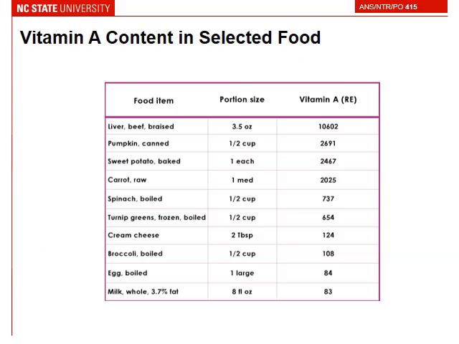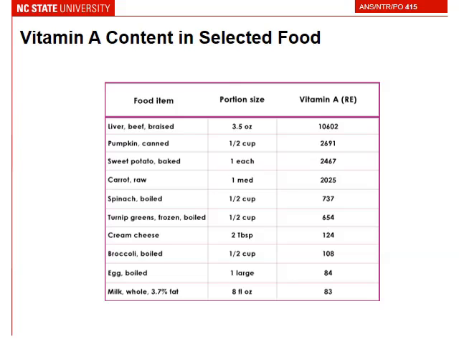So what are some of the foods that are going to have a lot of vitamin A? Here you can see our beef liver has the highest amount of vitamin A, 10,000 retinoid equivalents, compared with, and we're using this because we have many of our other carotenoids coming from our vegetables: pumpkin has a lot of carotenoids, sweet potato, carrots, spinach.